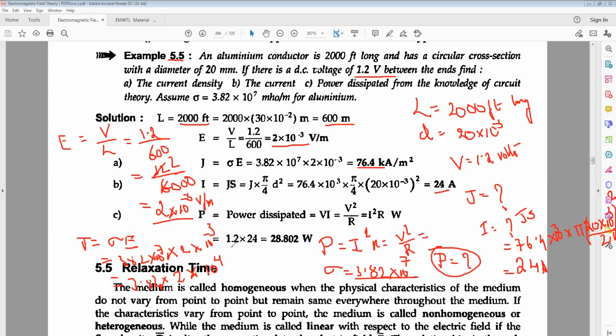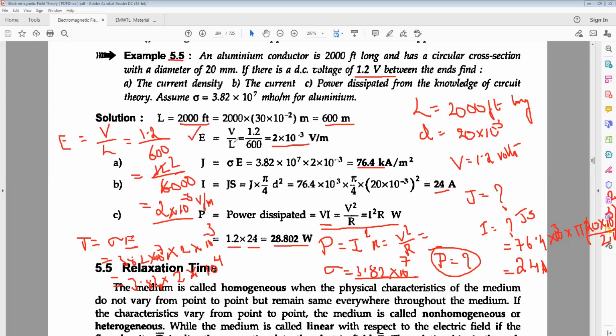The voltage V is 1.2 V and the current is 24. So we have three formulas: V²/R, I²R, and V × I, the voltage into the current. The voltage we got is 1.2 and the current is 24, totally 28.802 watts.